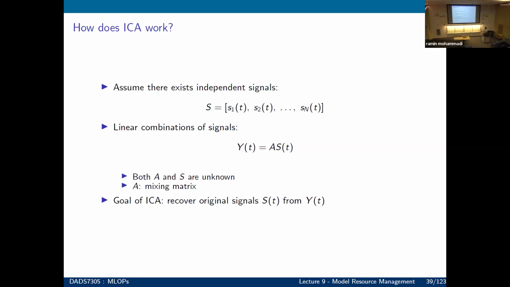So how does ICA work? ICA is focusing on hidden signals. You basically say that any data consists of a series of signals S1 through Sn, and those are hidden signals that you want to recover. A good example here is that in the class, everyone is talking, and this Zoom is recording, right?